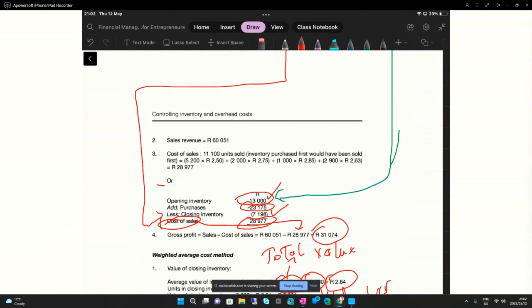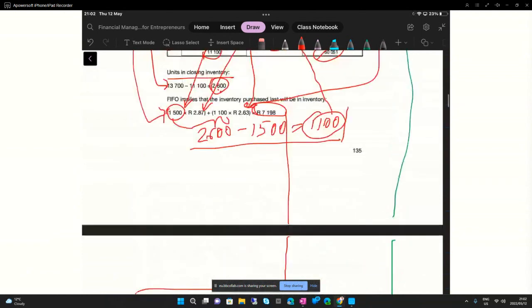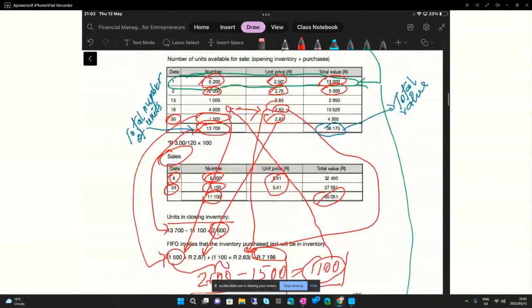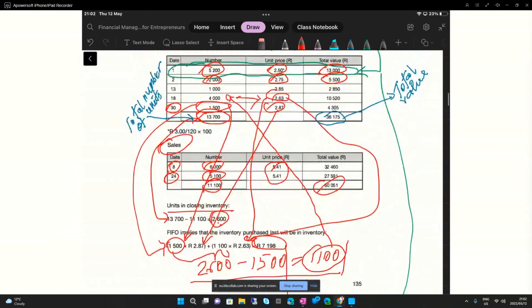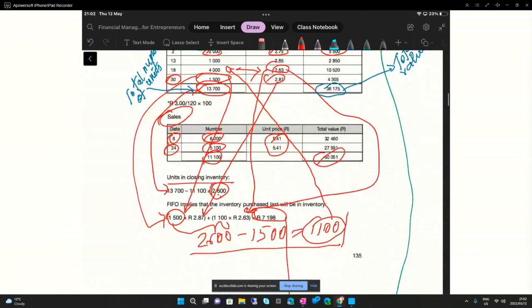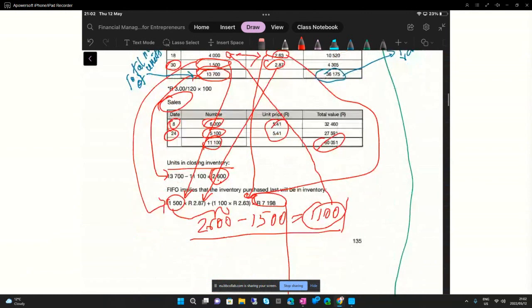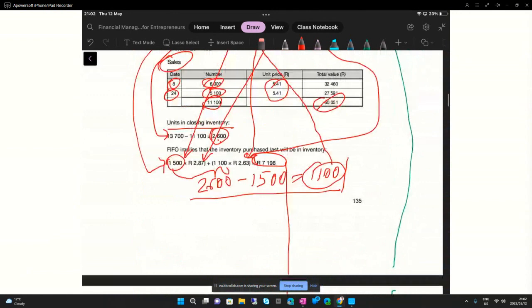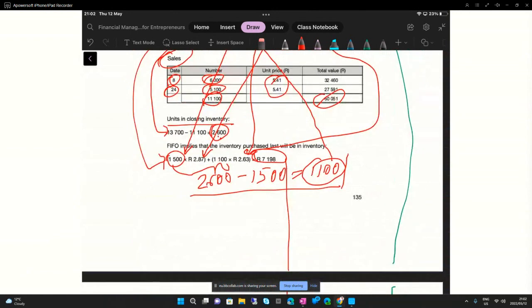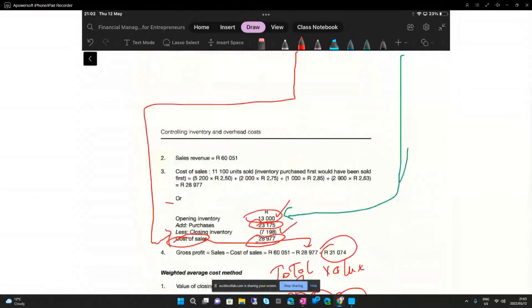We just want to find now, where did this 23,000 come from? That's where we have to go to our table. Remember, there was a 2,000, 1,000, and 4,000. But we're not going to use the entire 4,000, are we? Because remember, from the 4,000, we took 1,100.